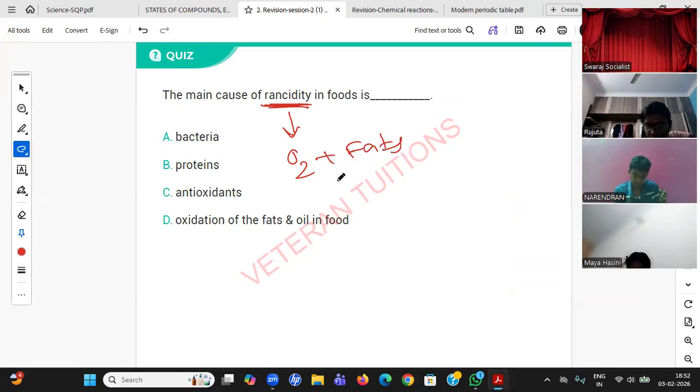So please go with your textbook definitions. Bacteria will definitely be there. So D is the right answer: oxidation of fats and oils in food. The main concept of rancidity in foods is oxidation of the fats and oil in food.